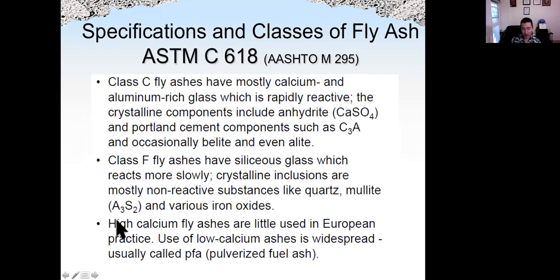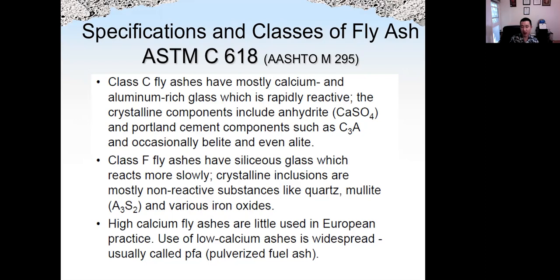And here shows the specs for fly ash, which is stated in ASTM C618 and AASHTO M295. That standard is a performance-based standard.